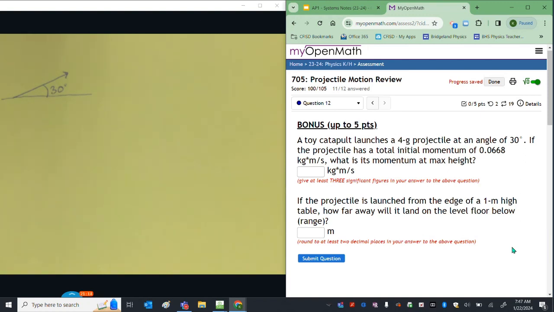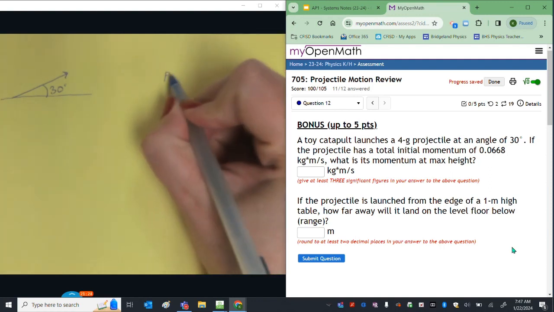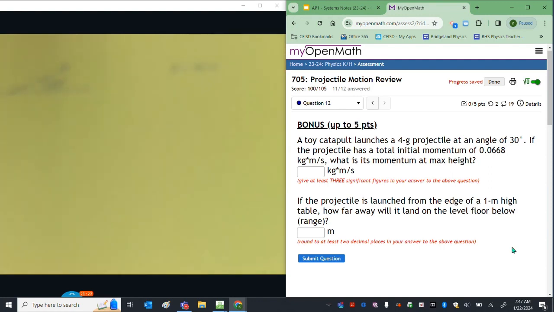So they gave me a momentum here, which I can't really fill into my table. However, I know that momentum is mass times velocity. And because they gave me a momentum and a mass, I can actually use this information to find that initial velocity, and then I can use that to fill in my givens in my table and solve the rest of the problem.